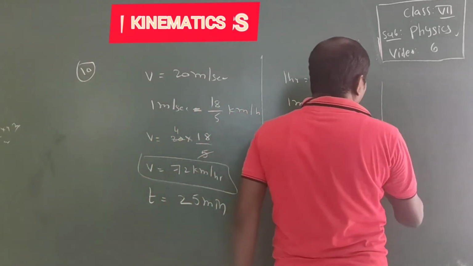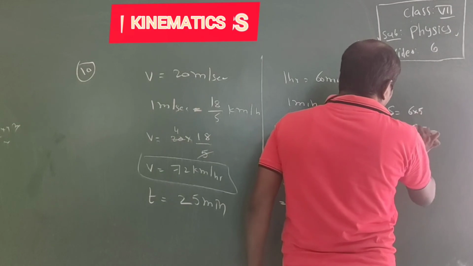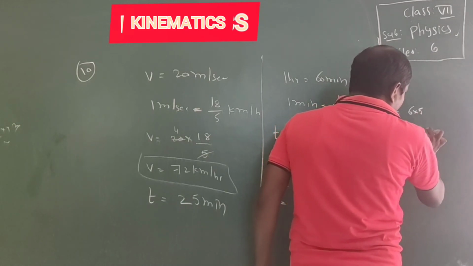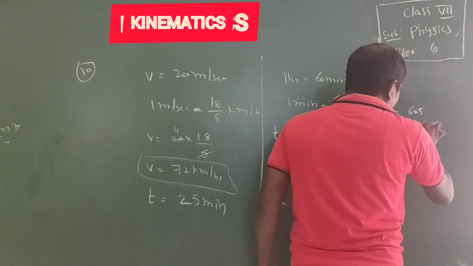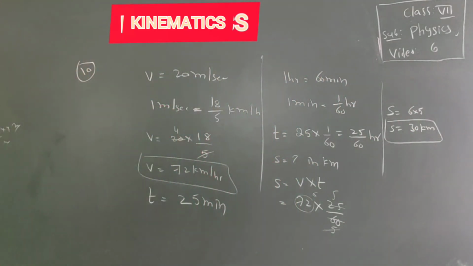So here S equal to 6 into 5, that is 30 kilometers. S equal to 30 kilometers.